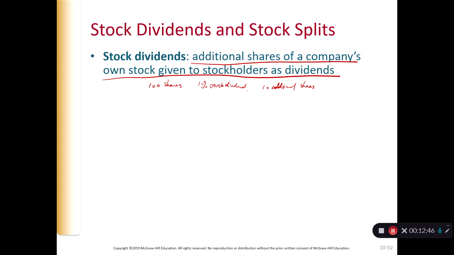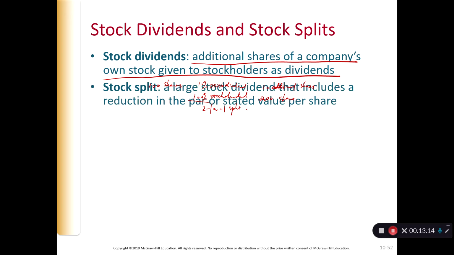If you get a 100% stock dividend, you're going to have 200 shares after the declaration. Some people call this a stock split, because it's equivalent to a 2-for-1 split if it's a 100% stock dividend.